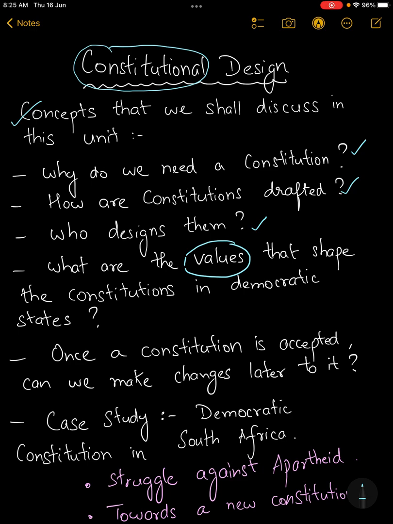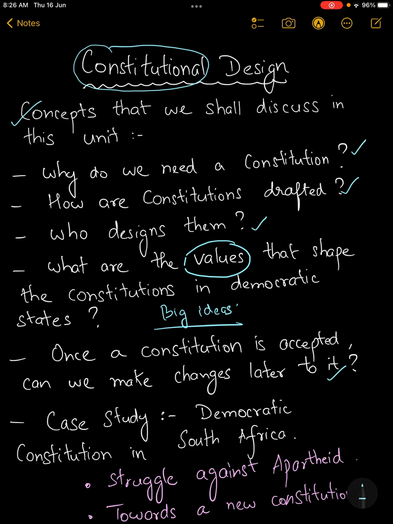What are the values that are essentially present in them? And once a constitution is accepted, can we make changes to it at a later point of time, right? So all of these big questions, these are big questions, these are big ideas, right?